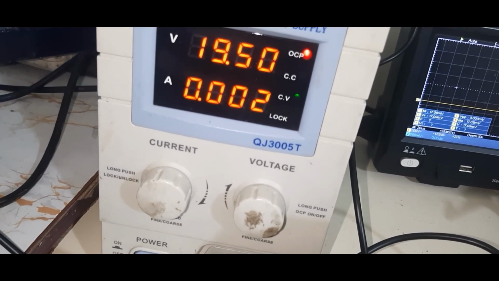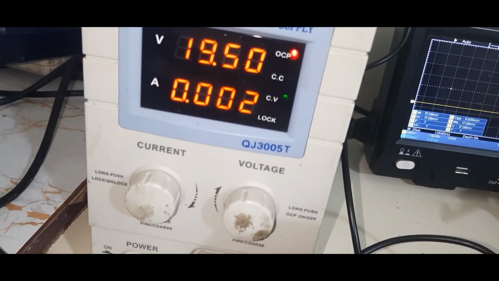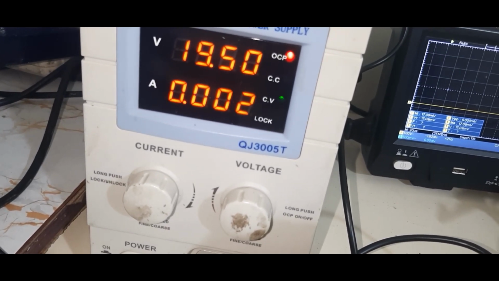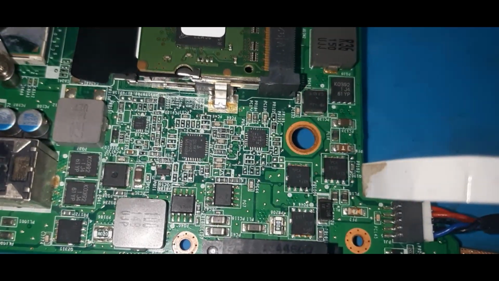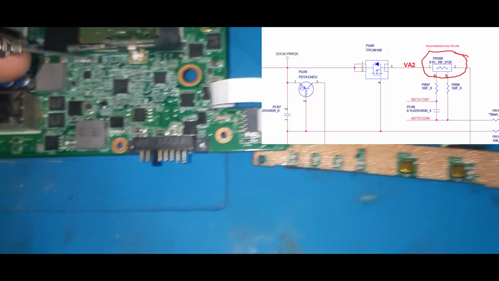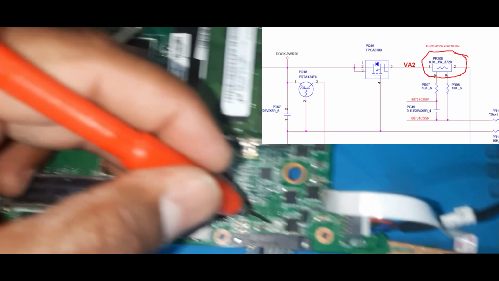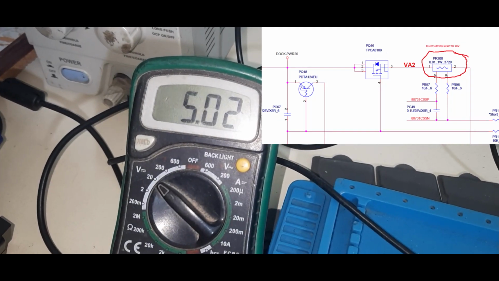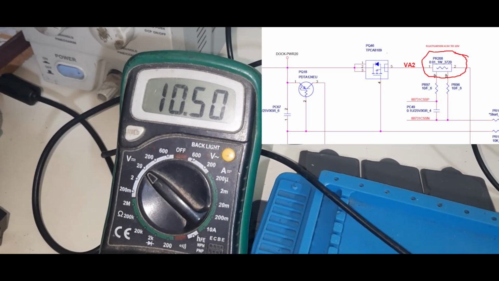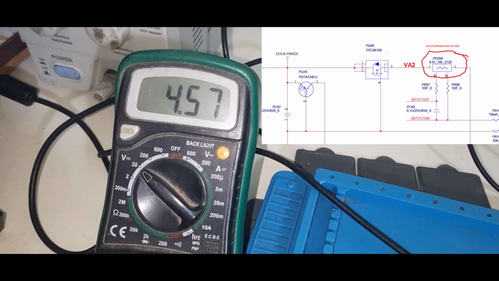Still it's fluctuating. In this condition, what will we say? Is this a load issue, or is something getting shorted, any MOSFETs or anything? Okay, the CLR, what he told, we will check. The CLR also varies, right? 10 volts, 10 volts, 5 volts.